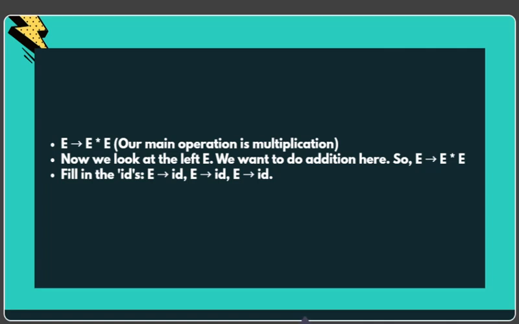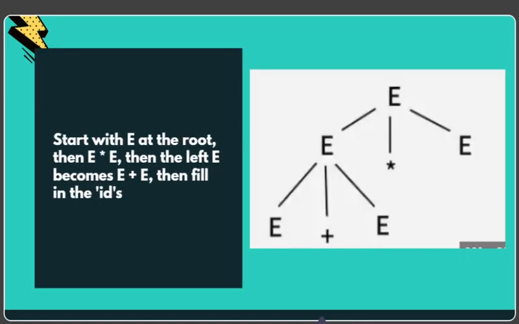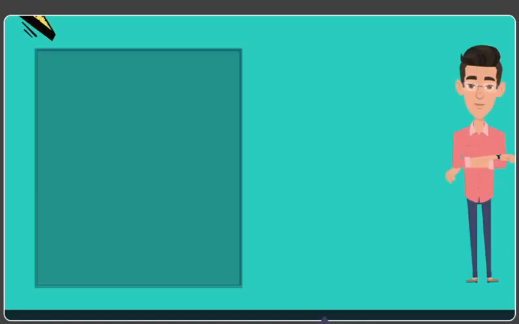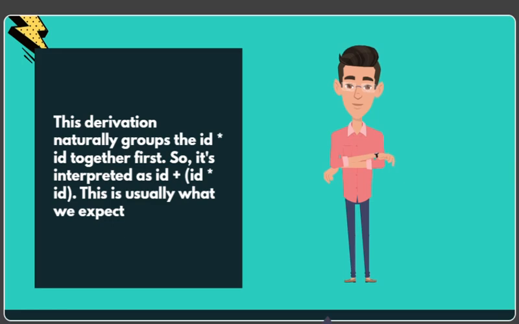So E goes to E times E, and we fill in the IDs. E goes to ID, E goes to ID, E goes to ID. This derivation naturally groups the multiplication together first. So, it's interpreted as ID plus, ID times ID. This is usually what we expect.